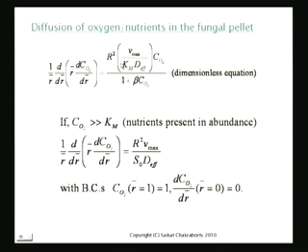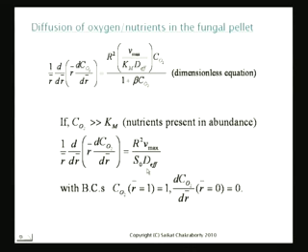Now, when you make that assumption, what you find is that this equation, which is Michaelis-Menten kinetics, reduces to a zeroth order kinetics over here, because when CO is much larger than Km, the CO in the numerator and denominator cancel out, and this is what you have.